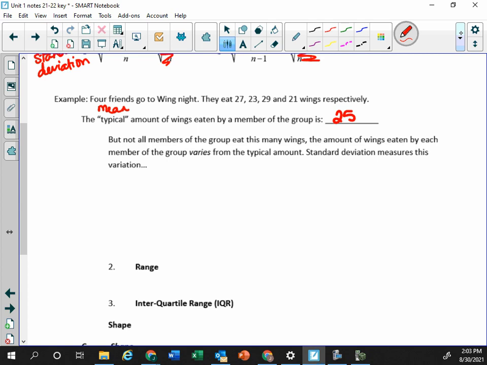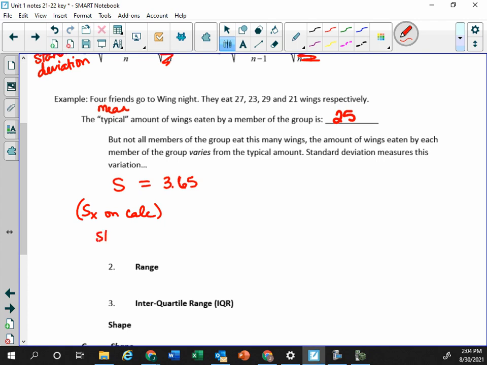That's what the standard deviation is calculating for you: how much does each person vary from that mean. We did it on our calculator, the S sub x was equal to 3.65. That's why standard deviation is used to describe the spread, because it's talking about how much those values vary from the mean.